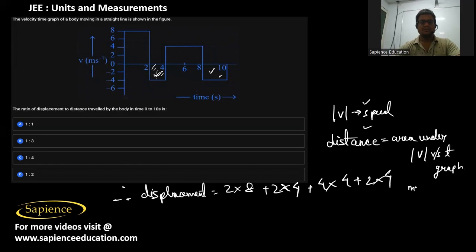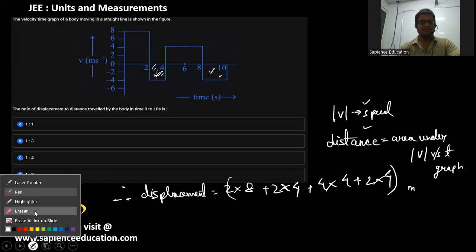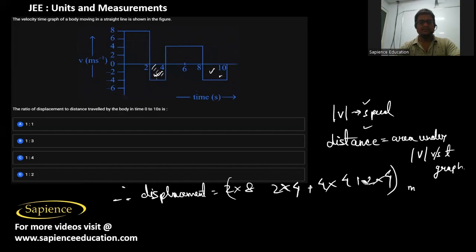So this much meters. Sorry, here we have to take negative sign, since these are the negative displacement regions. These two parts, here we have negative displacement. Here we have negative displacement.